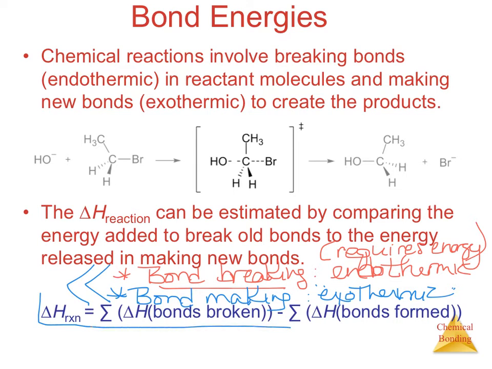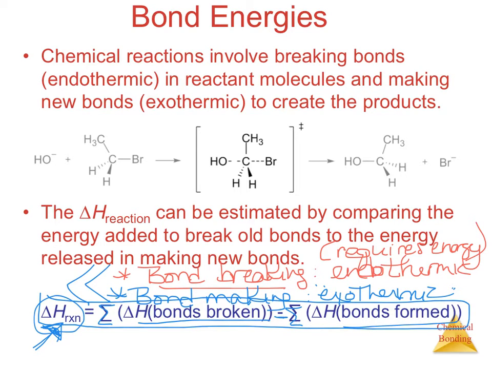And here's a formula that uses that concept. If you want to find the enthalpy of an entire chemical reaction, you can do that. Here's yet about a fourth way to find enthalpy of reaction. We found it through Hess's law and all sorts of laws. Anyway, so here's another one. You can sum the bonds broken and subtract from that the sum of all the bonds formed.